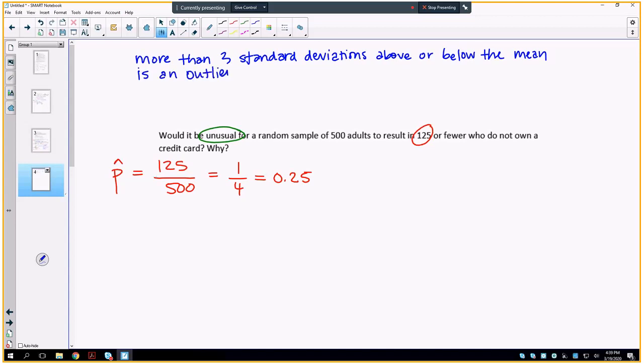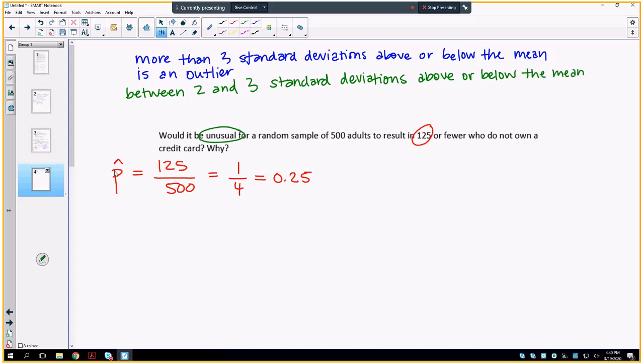And outliers are highly unusual. But if we are between 2 and 3 standard deviations above or below the mean, then we are moderately unusual.